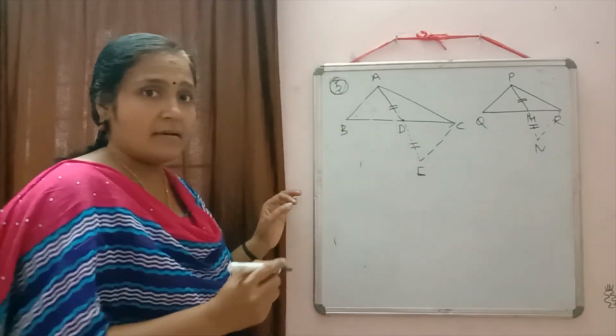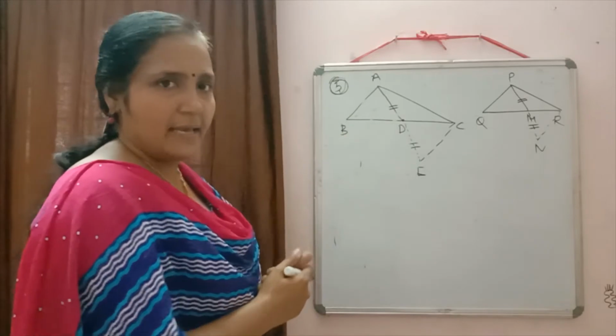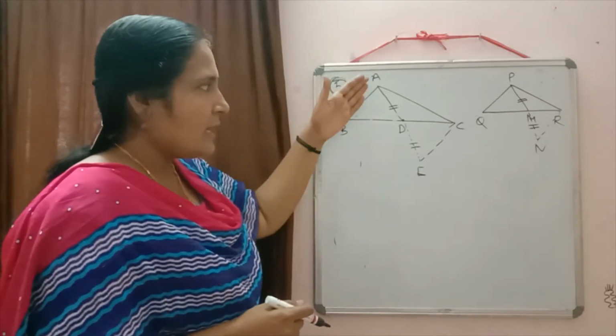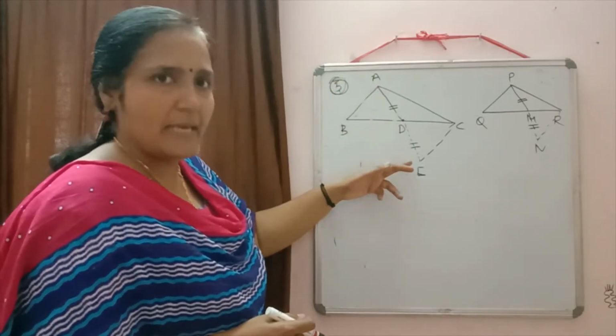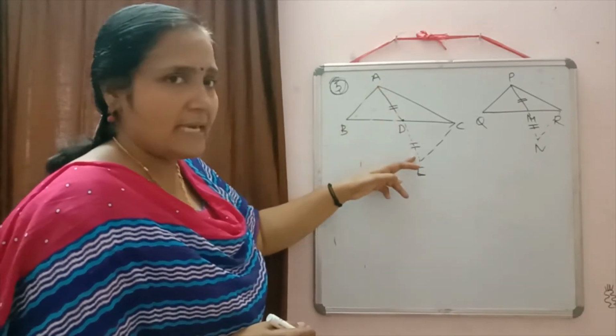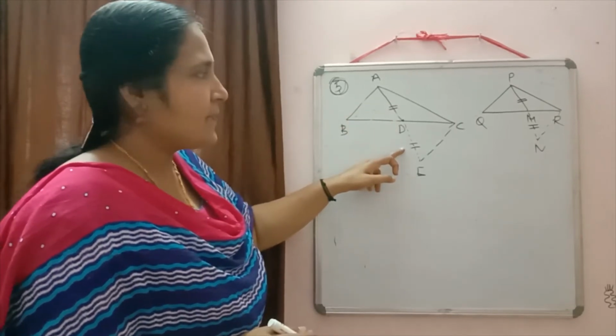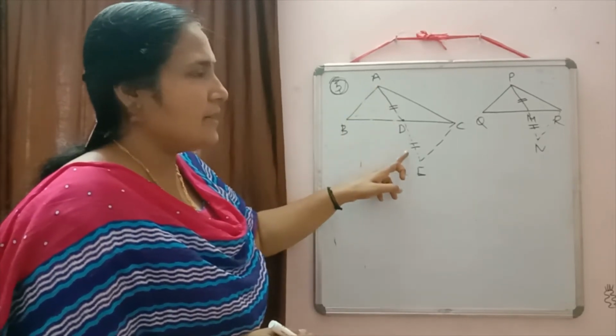Construction, write with me. Just write down: in triangle ABC, AD is produced to E such that AD is equal to DE.